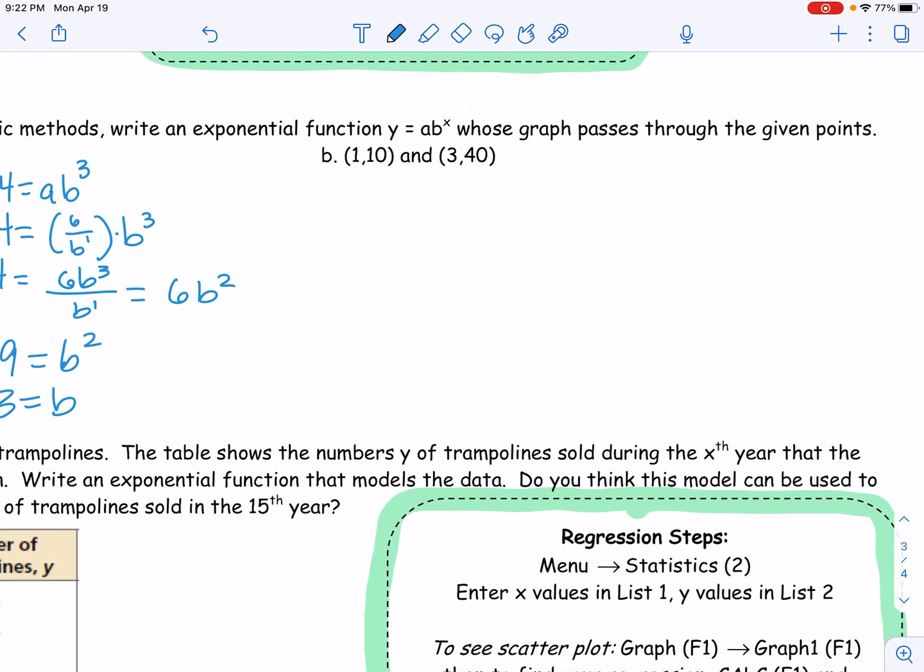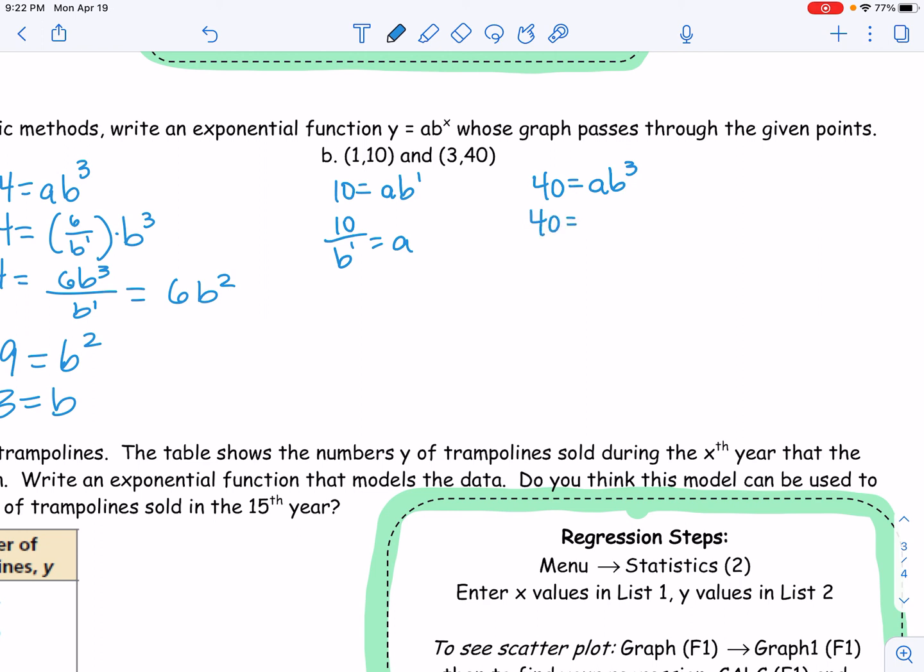When x is 1, y is 10. So 10 is equal to a times b to the first power. That means 10 divided by b to the 1 is a. I also know that when x is 3, y is 40. So 40 is equal to a times b cubed. Plug in our value of a.